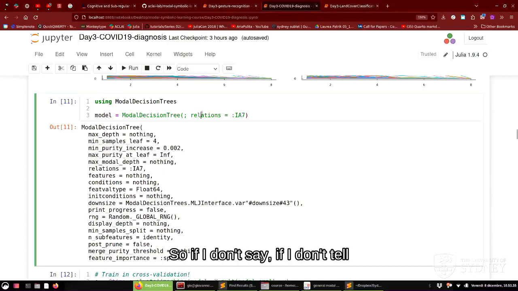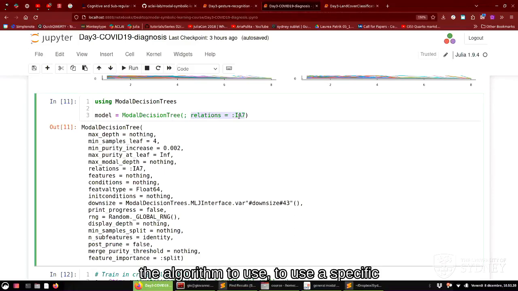If I don't tell the algorithm to use a specific set of relations, it's going to fall back to, at least in the temporal case, interval logic. But maybe I would like to choose differently, because interval temporal logic has 12 relations, but some of them are semantically similar.